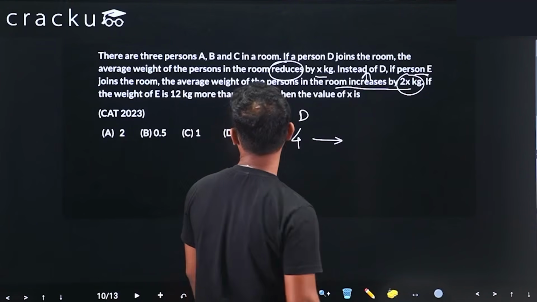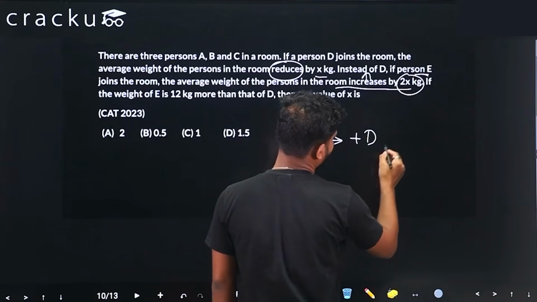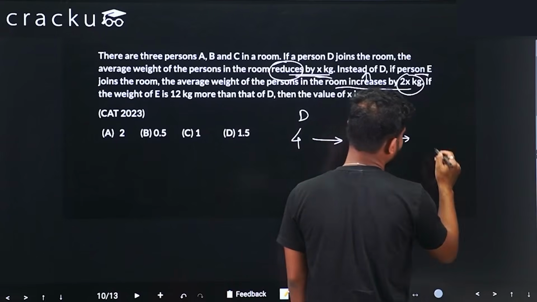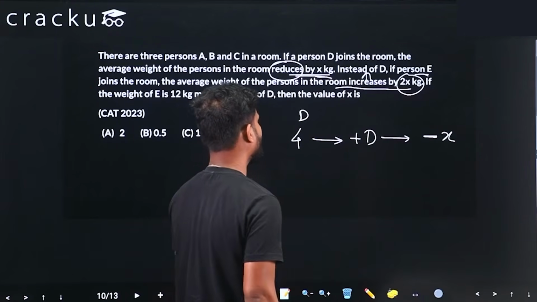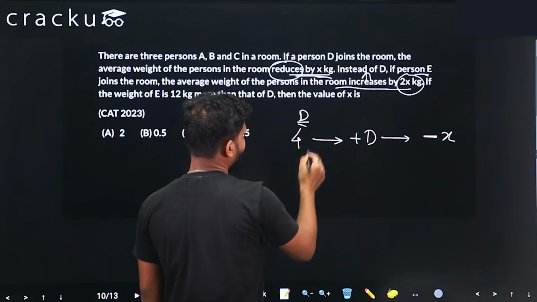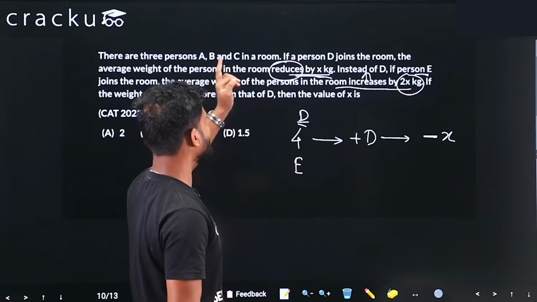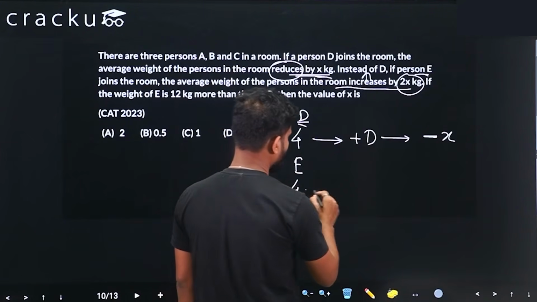What happens here is that D is added and because of that the average reduces by x kg. Reduces means what? Negative x, we will say. If instead of D, E had joined, there will be A, B, C and E. So still there will be 4 people only.